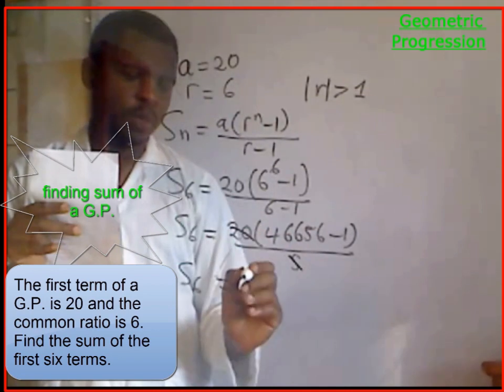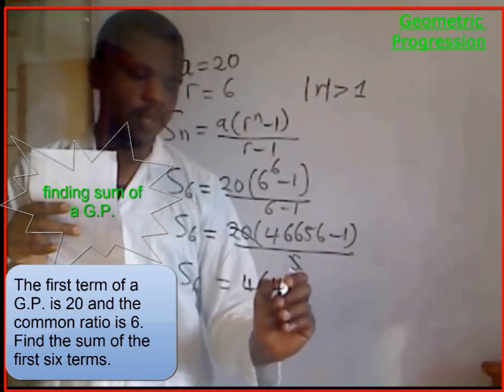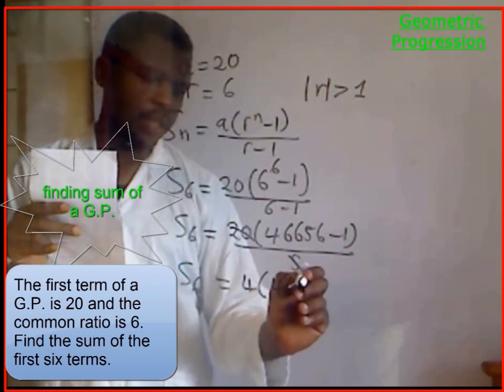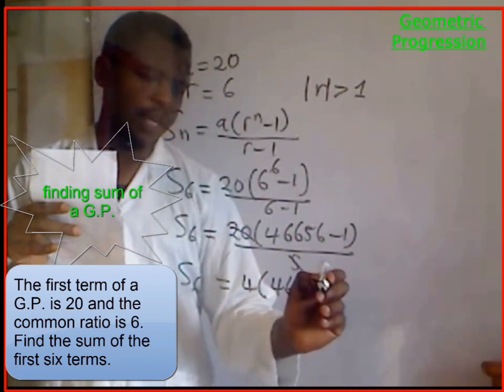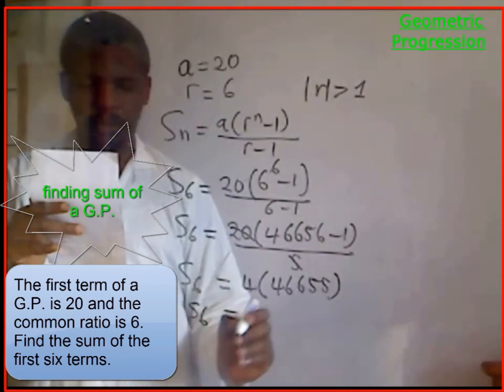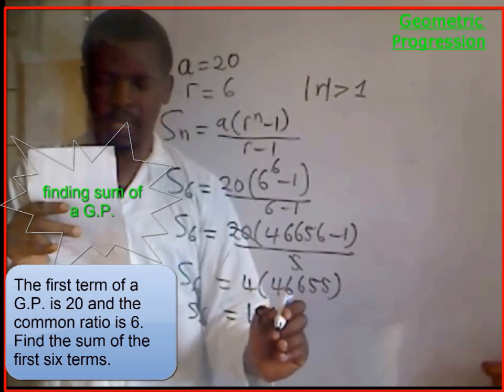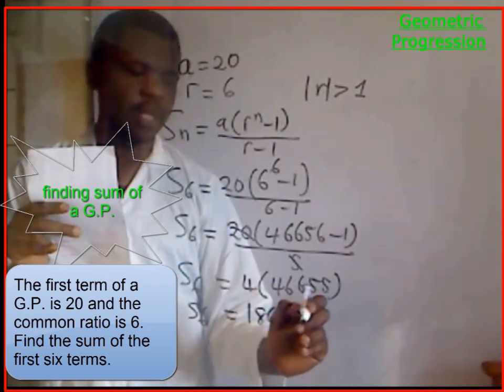This will give us 4 times 46,655. The sum of the first 6 terms will be equal to 186,620.